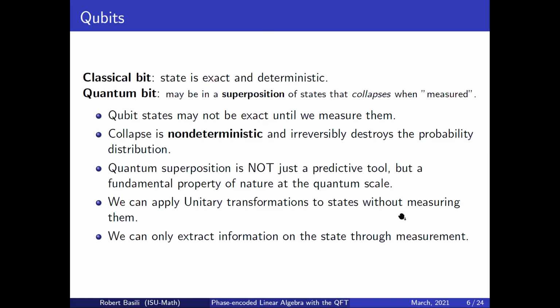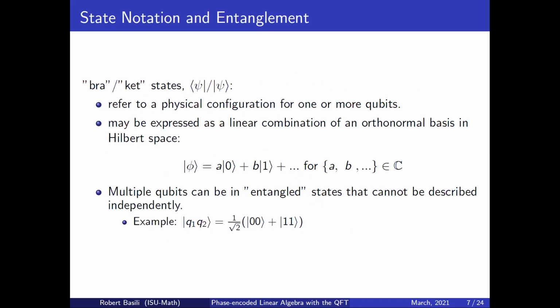There's no way to use a unitary transform to gain any information from the system. So it's both an increase in your degrees of freedom, but also very constrained as far as the information. It's very odd and takes a little bit to get your head around.